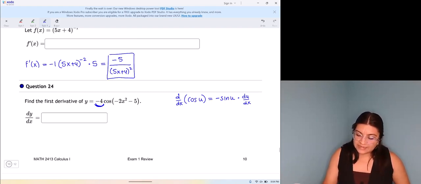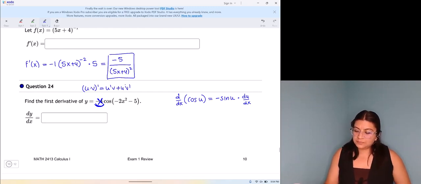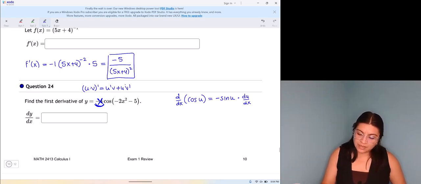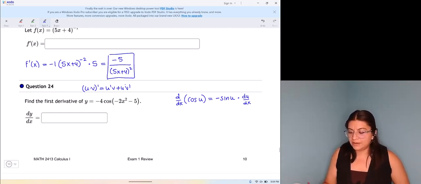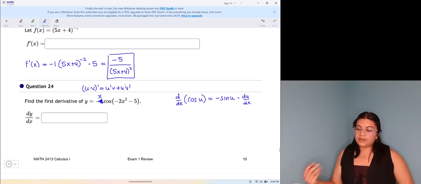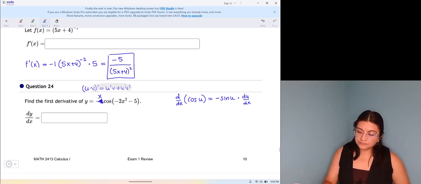If you have an x instead of a constant, then it becomes the u times v. So please pay attention to those things. If you have a constant in front of the cosine, then just leave it there and then just take the derivative of cosine. But if this here is an x or a function, then you have to apply the product rule.